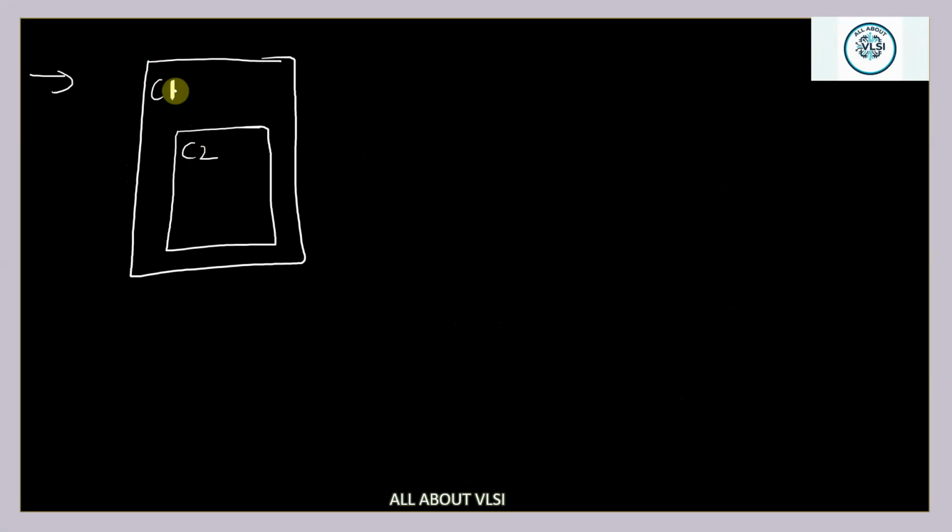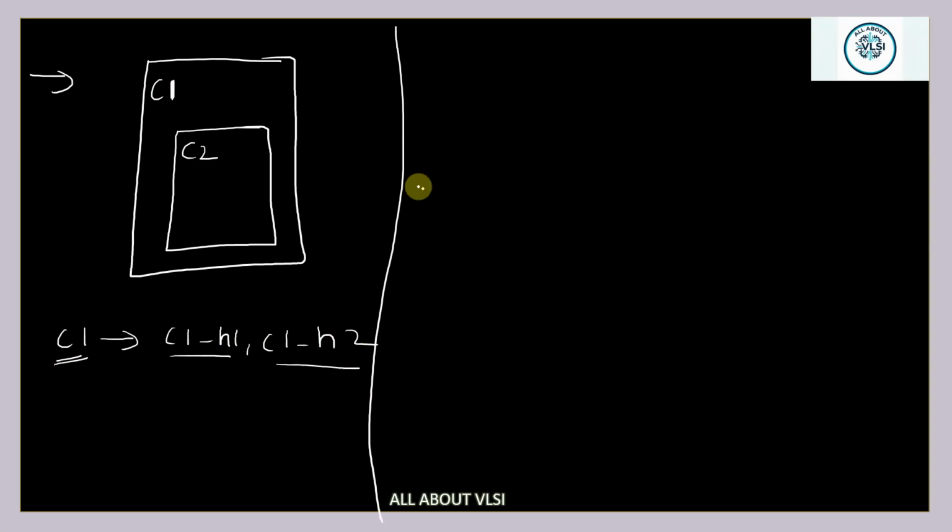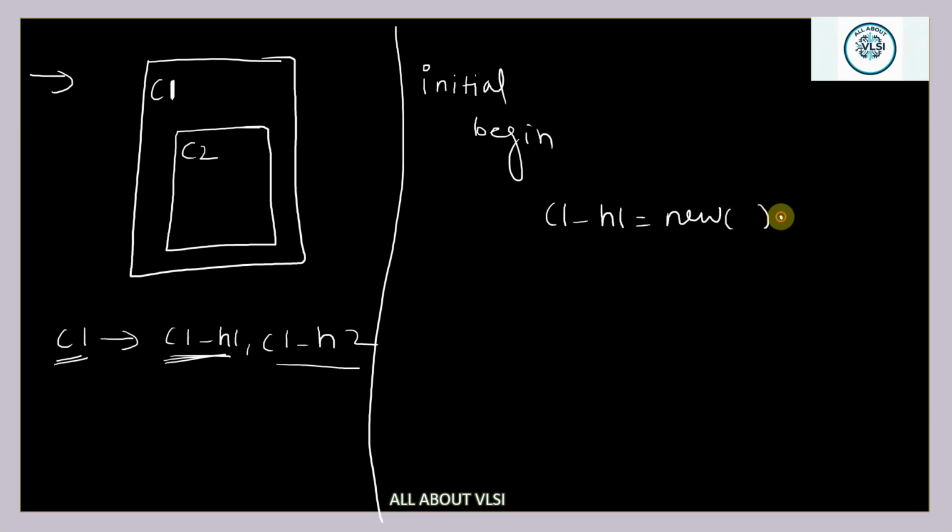This is my subclass handle. For class C1, I have two handles, c1_h1 and c1_h2. Now, within an initial begin block, I've created my instance for c1_h1: c1_h1 is equal to new. That means I've created an object for c1_h1.